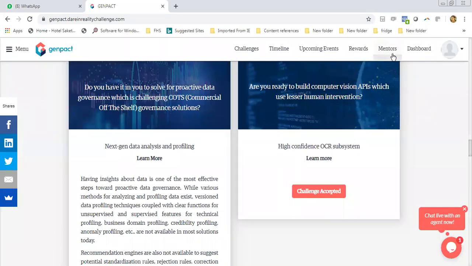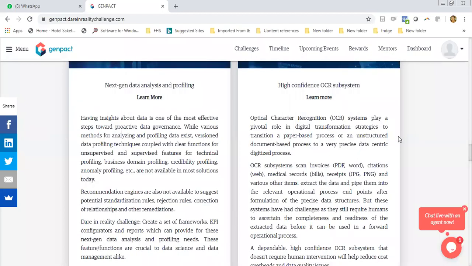Now, as far as the OCR world is concerned, I think many of you would have read about computer vision, what it can do, and so on and so forth, right? So what we are looking at as far as this particular problem statement is concerned is we've had a lot of experience in deploying OCR systems for clients.